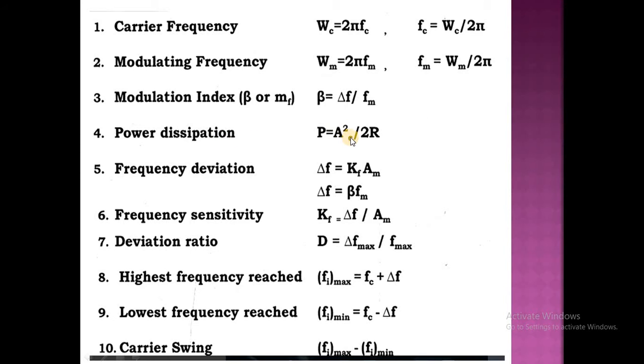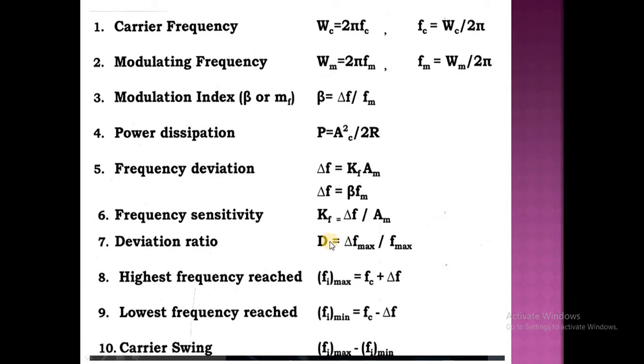Power dissipation is Ac square by 2r. Frequency deviation delta f equal to kf into Am, or it can also be written as delta f equal to modulation index into the modulating frequency. Frequency sensitivity kf equal to delta f by Am, that means frequency deviation by Am.